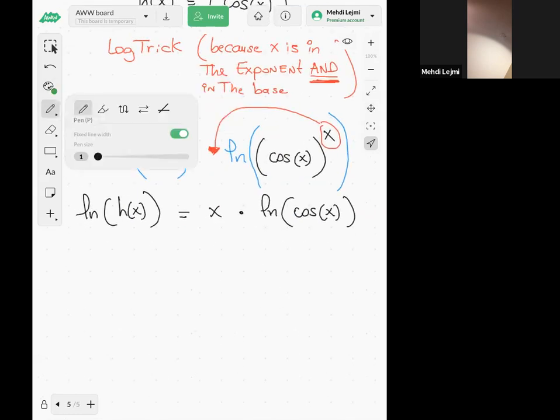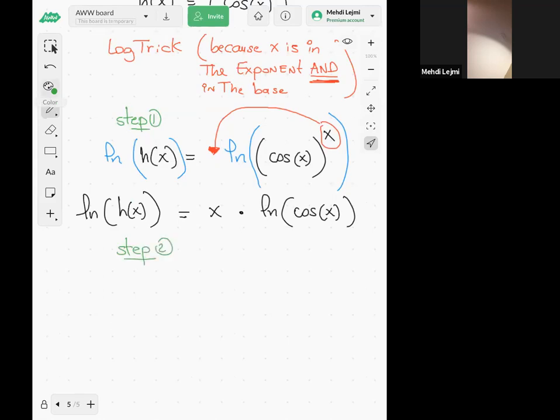So step number 2. Okay, so we're going to compute the derivative. Here's the derivative on the other side. So what's the derivative of natural log of h?